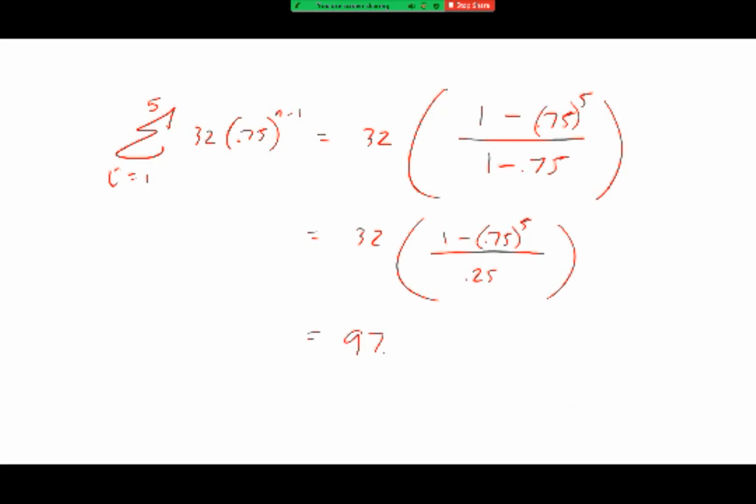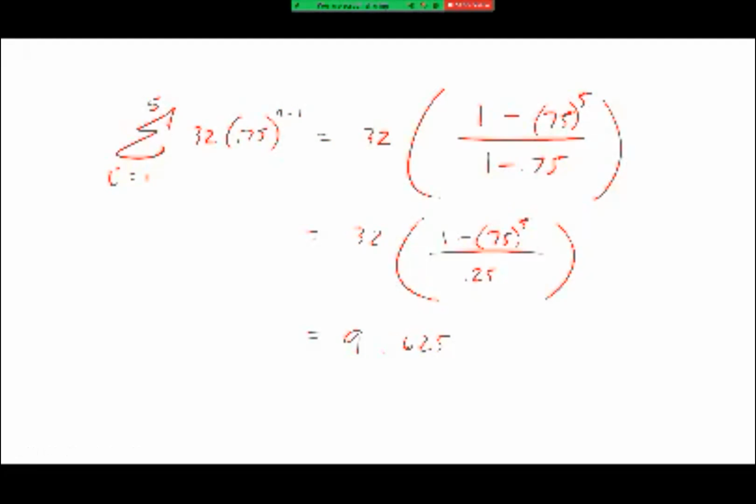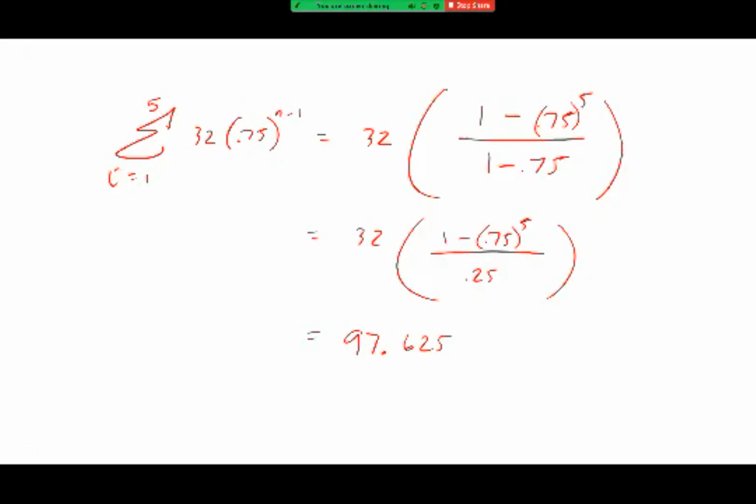97.625. Wait, what was the last part? Not 0.1625, just 96.625. 97.625, without the 1. Sorry, 96 or 97? 97? Yeah, 97.625. Okay, so see if you get that on the calculator here. No, the answer should have been 4. I got 40. 40, okay.